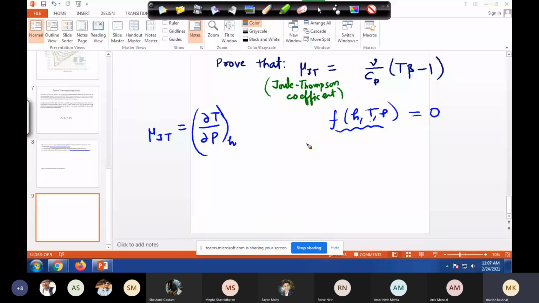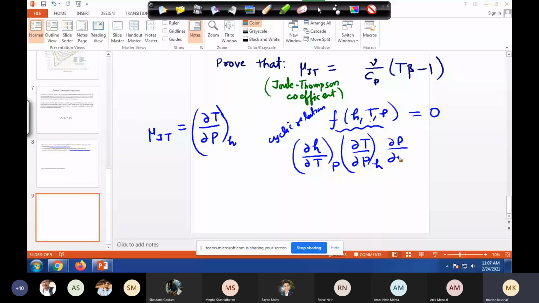So if that is the case, we are using the cyclic relation: dou H by dou T at constant P, then dou T by dou P at constant H, and then dou P by dou H at constant T. This is completely from mathematics, true for any such relation.